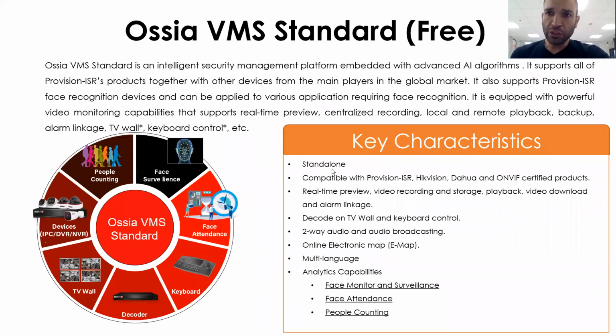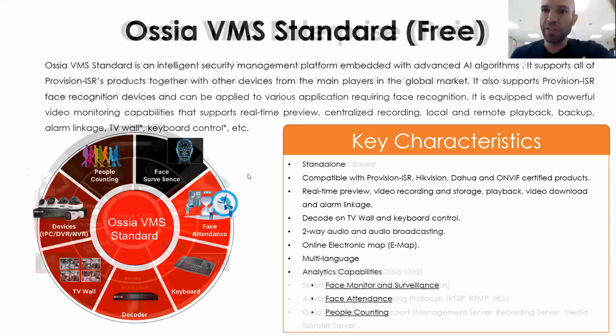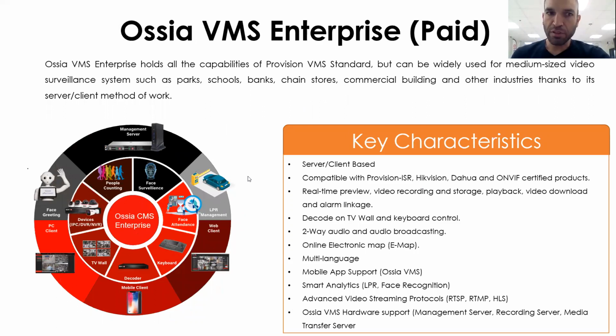Here we touch a little bit, I'm not going to go through all of it, on the capabilities of the VMS. This is the standard version. You can see the main features are more or less the same as the enterprise version. On the enterprise version, we have the layer of the management server.